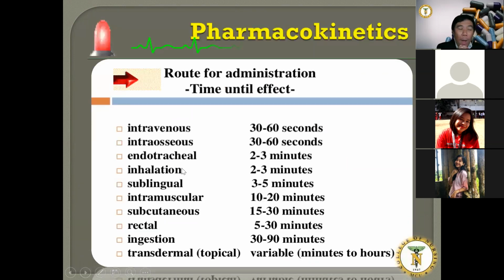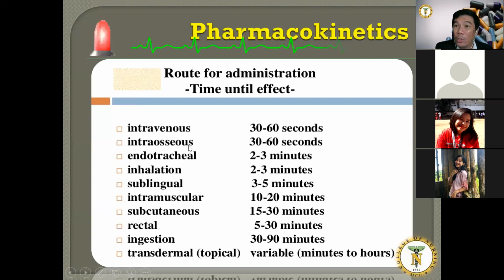Now, why I keep on emphasizing the relationship between the time to its effect. This is class, try to bear this in mind for you to have the knowledge that drugs must be given in an emergency situation via either intravenous or intraosseous, because the effect of the drug takes place within 30 to 60 seconds.